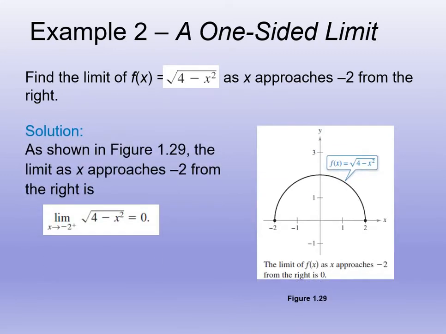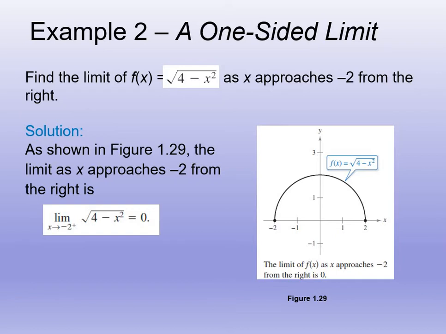Looking at the graph of this, you can see now why we can only approach -2 from the right. There's nothing that exists from the left. This is why we only have a one-sided limit. As we approach -2 from the right-hand side, and it's okay for you to put this in your calculator and graph it, we have a semicircle going on here.